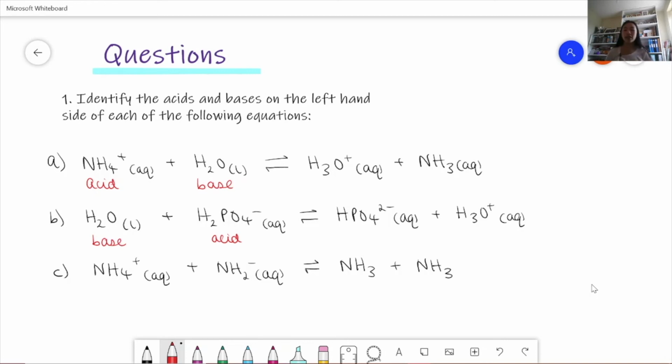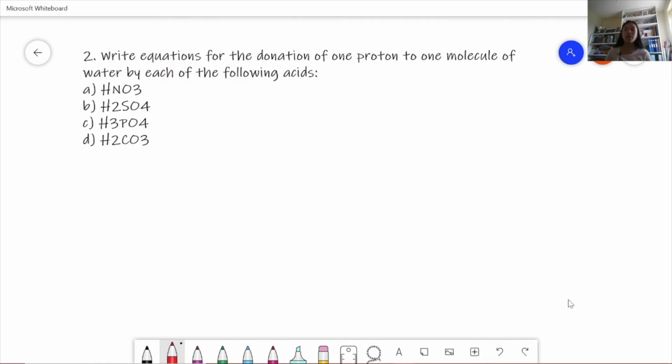And then for the last reaction, we have NH4 plus and NH2 minus, and it forms 2 NH3 molecules. And so the NH4 plus is losing a H plus, so that's acting as the acid. And the H plus is going to the NH2 minus to form ammonia, so NH2 minus is acting as the base. Before I move on to number 2, feel free to click off the video and try it for yourself first.